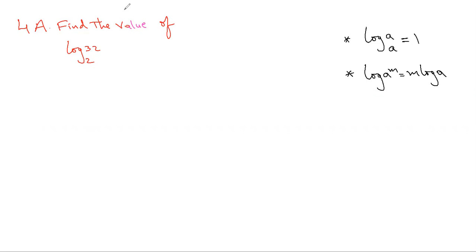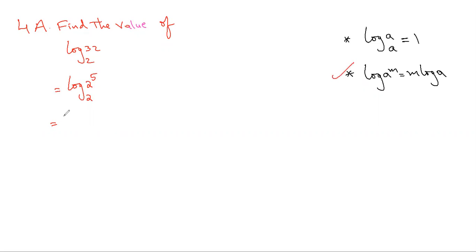How we'll use those formulas means, first of all, whenever the base is one particular number, try to write the value inside the log in terms of that base in exponential form. So you can write this 32 as 2 power 5, and this base is also 2. After writing this 32 as 2 power 5, then you can think about using this formula.